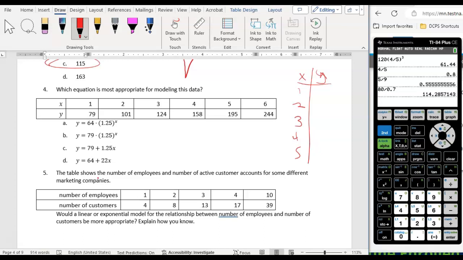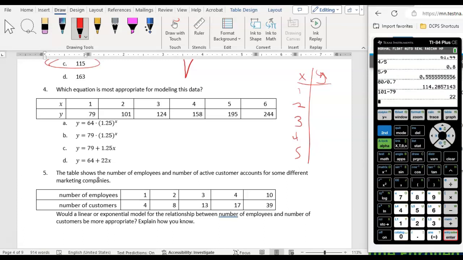So it goes from 79 to 101. And so that means that this is exponential because 101 minus 79 is 22. That's not going to be 1.25x. And then if we do 124 minus 101, we get a difference of 23. 158 minus 124, we get a difference of 34.